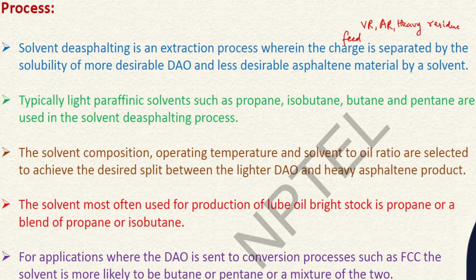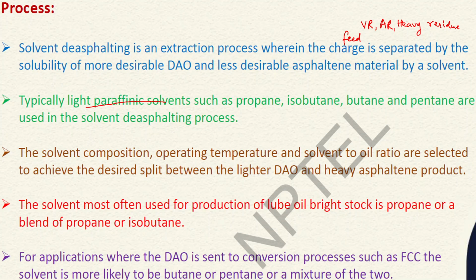It is made soluble in a suitable solvent. The solvent will dissolve the oil content in the heavy residue and leave the asphaltene material at the bottom. That's how we remove the asphaltene in the deasphalting procedure.